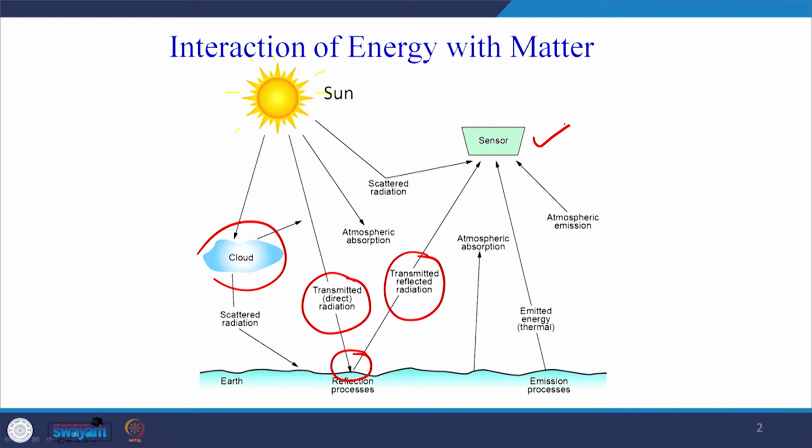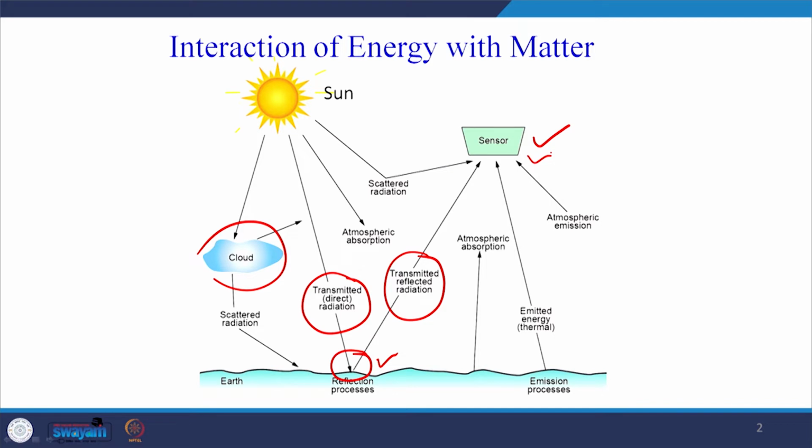Another important thing is that when this reflected energy is travelling from the object to the sensor, again the scattering and absorption processes take place in the atmosphere. So the processes take place two times in the atmosphere.